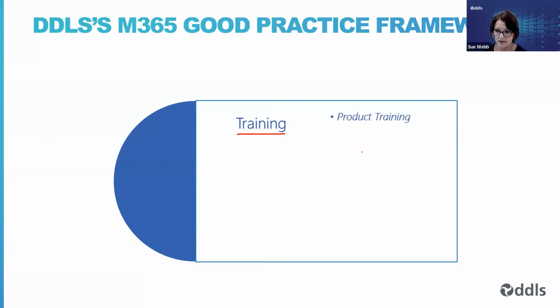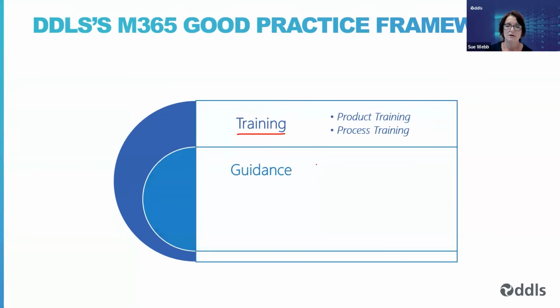So they need product training. They need to understand how to use the specific products. But they also need process training. They need to know when to use OneDrive, when to use SharePoint, when to use Teams. But even with both product and process training, it's still not enough. The business needs to develop guidance.